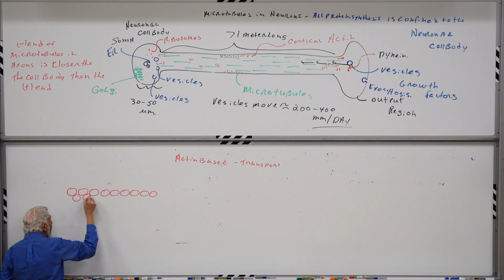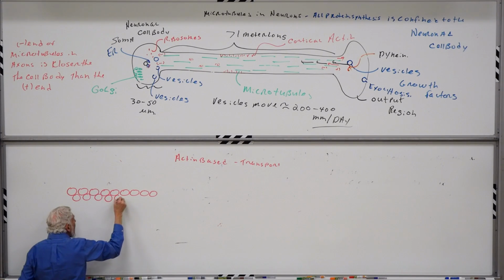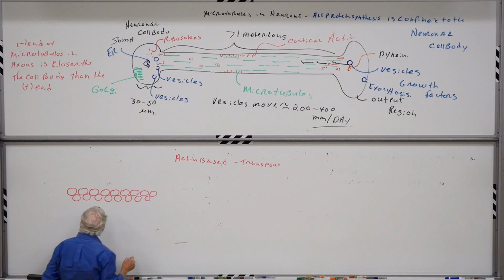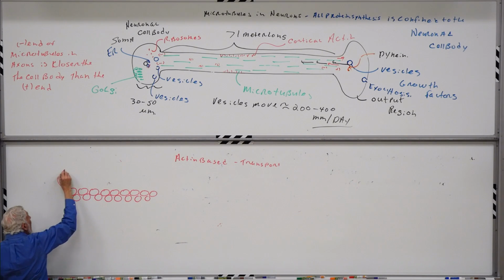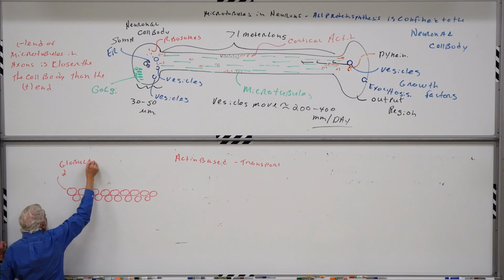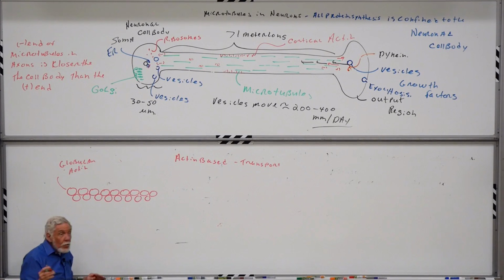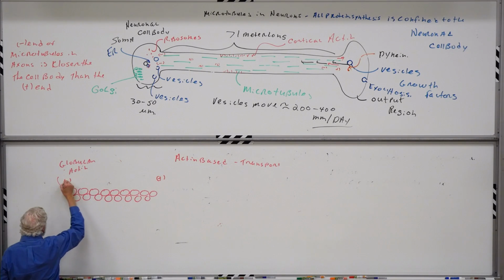Now I'm going to offset this a little bit, because it turns out that in 3 dimensions, these actin filaments are twisted into a kind of helix. But be that as it may, each one of these circles is meant to be globular actin. And as with microtubules, there is a plus end and a minus end.